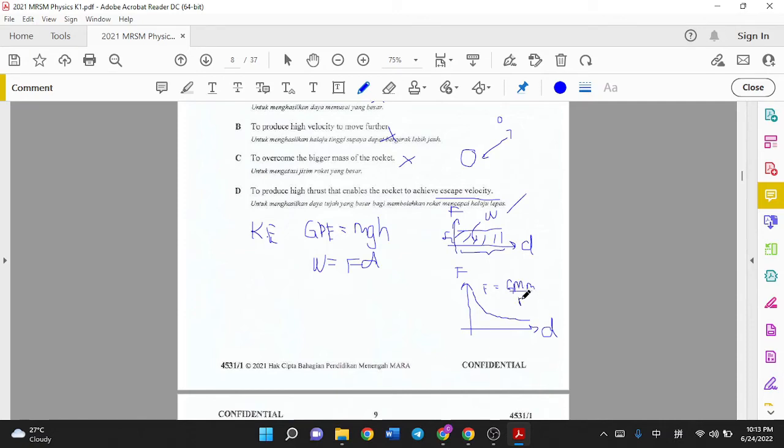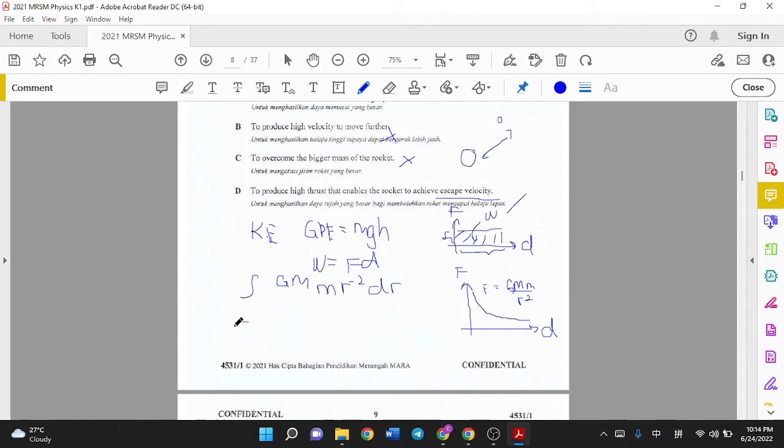This is your formula for gravitational force. So when you want to find the area under the graph, you just integrate the value. So you just integrate GMm over r to the power of minus 2, dr.